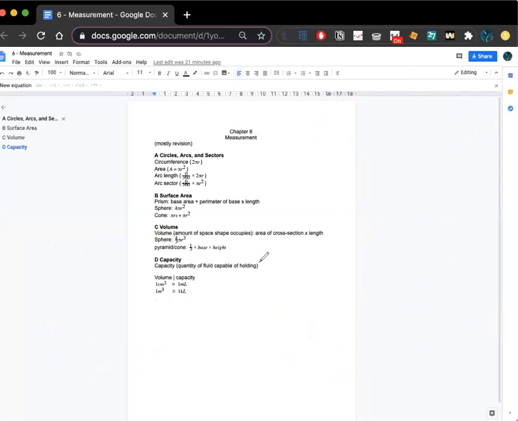And then capacity. Capacity is the quantity of the fluid that the shape is capable of holding. So capacity and volume are actually the same thing.